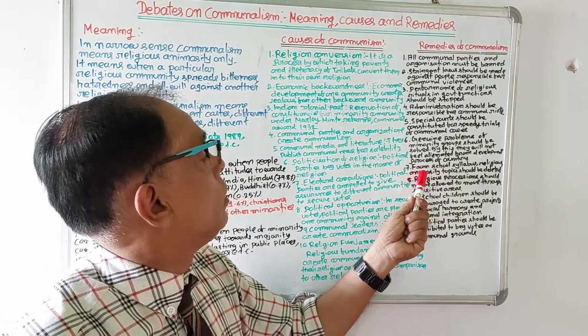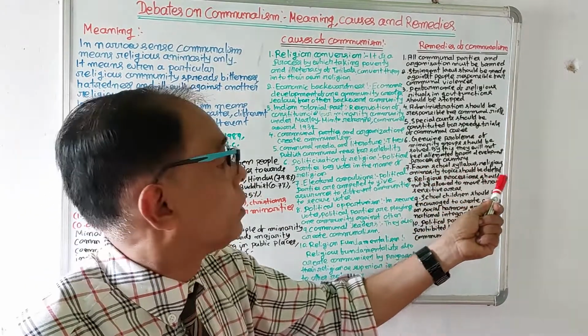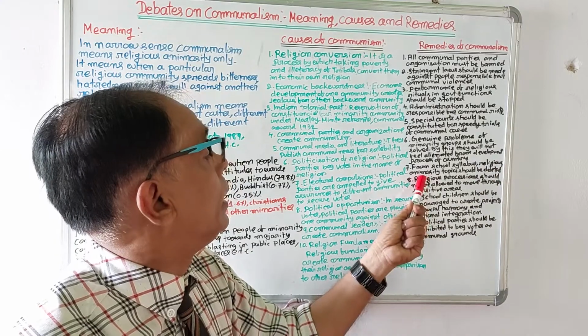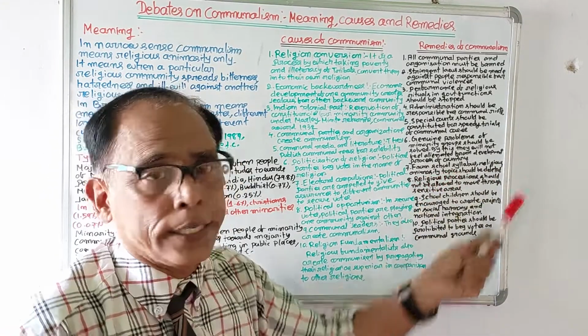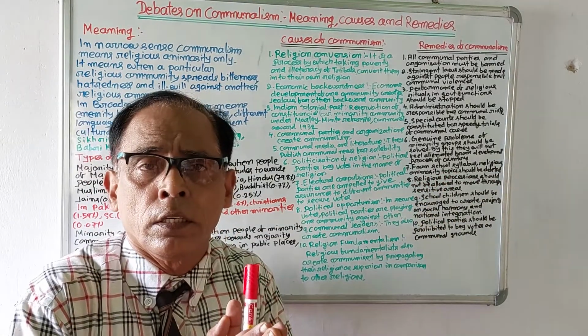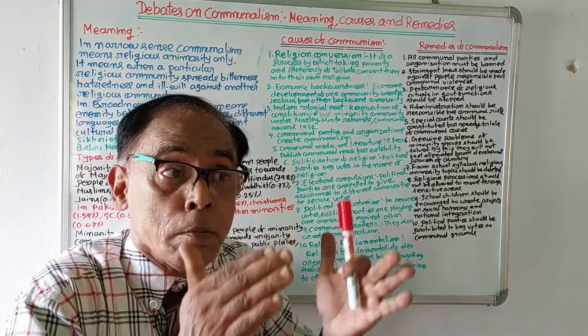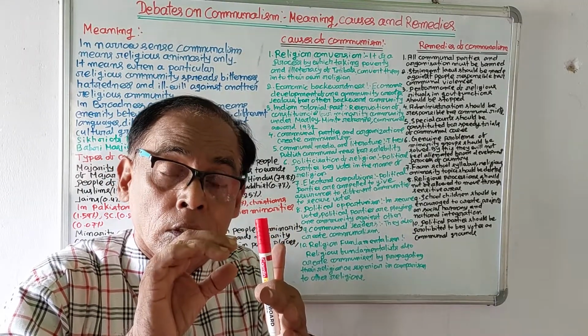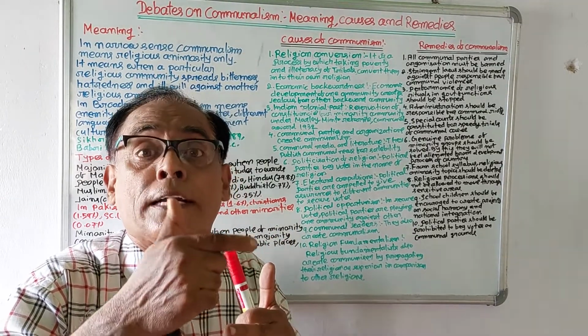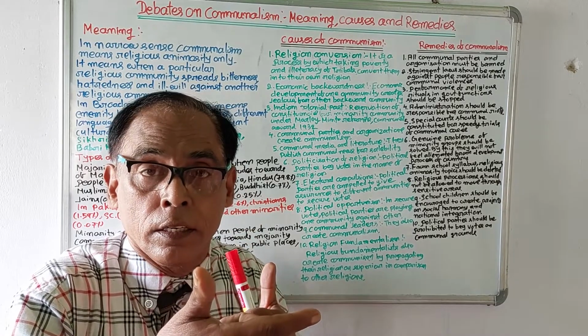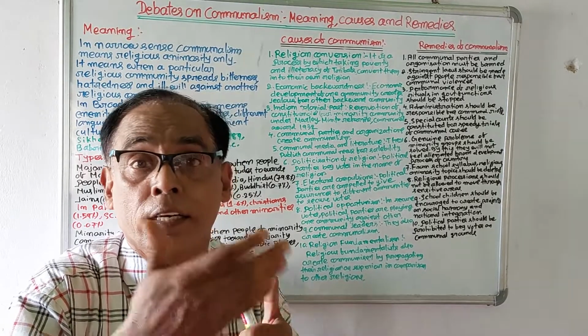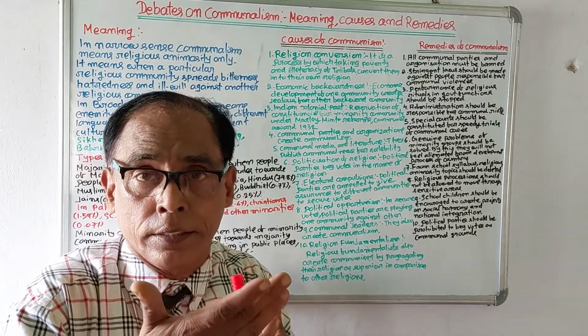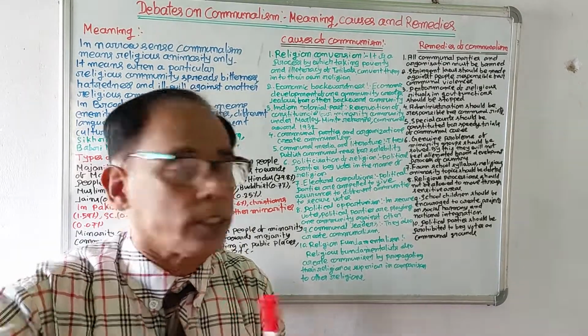Number 7, from school syllabuses, religious animosity topics should be deleted. Those topics which are related to any particular religion, or which create religious bitterness, will have to be deleted from the school syllabus.